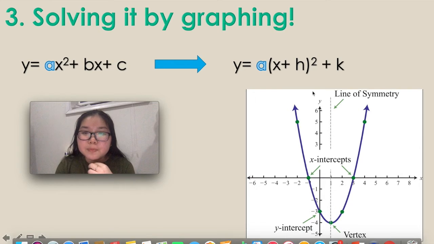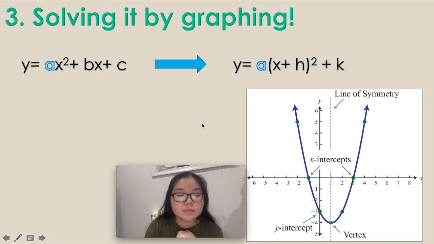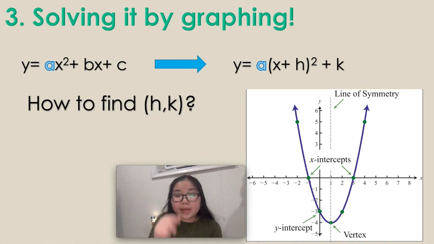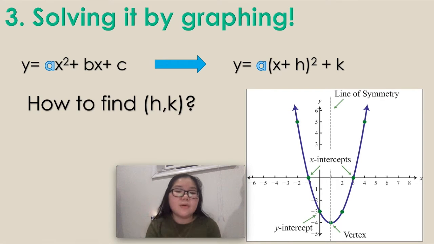So here, h and k, what exactly are h and k? h and k is the vertex. So what is the vertex? I will give you a definition here. h and k are in the middle of the graph. Even though the graph is big or small, it's always at the middle.